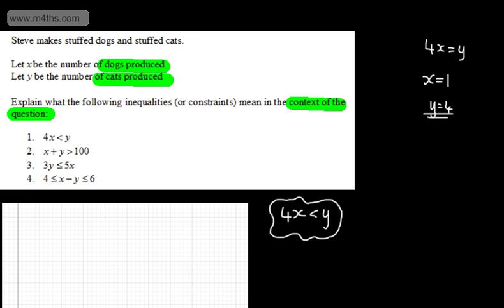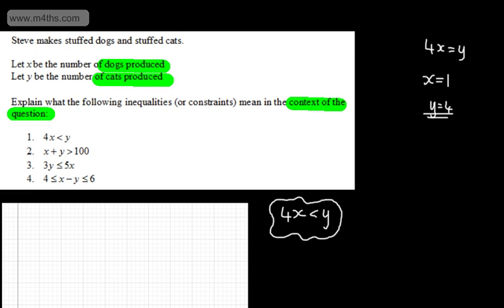Another thing that you could say, and this is slightly less intuitive and potentially not really in a mark scheme, we could say the number of cats must be more than 4/5 of the number of total animals produced. So let's read that again.